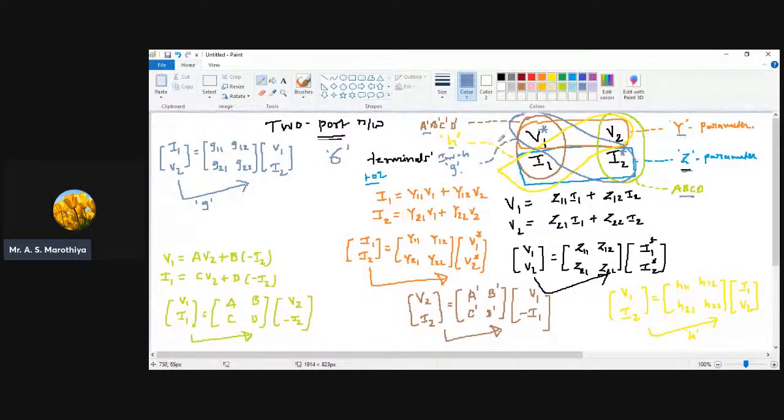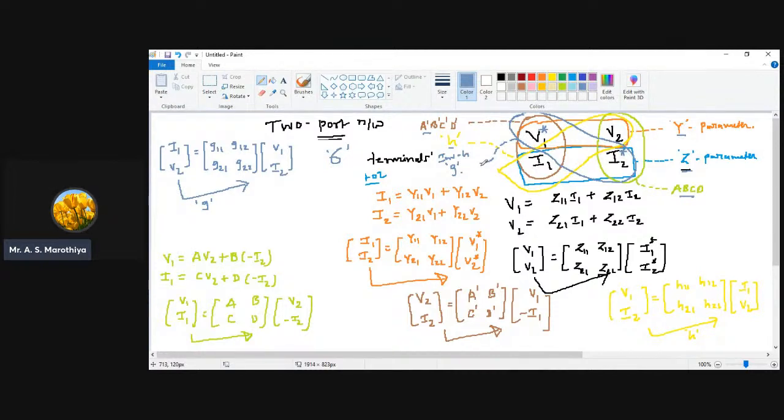And in GATE, how are questions going to be framed on two-port networks? A network is given to us, and they may ask you to find the Z parameter equivalent of that particular network, or in some cases they may ask for any of the two-port network representations for that particular structure.